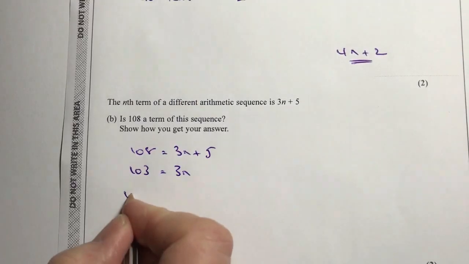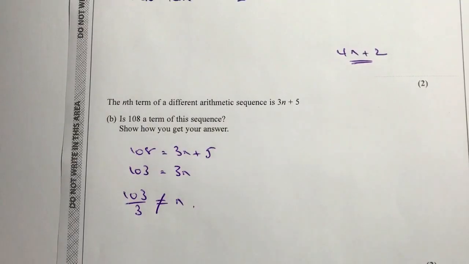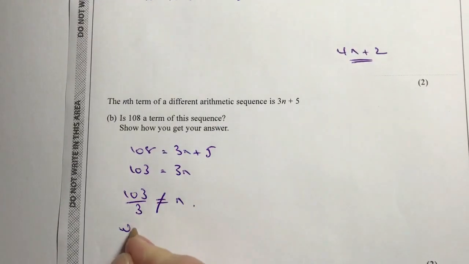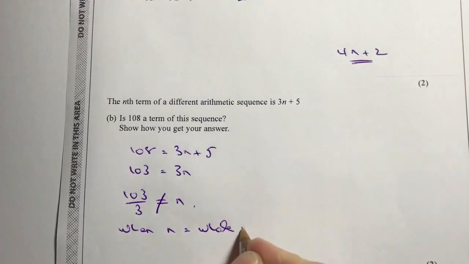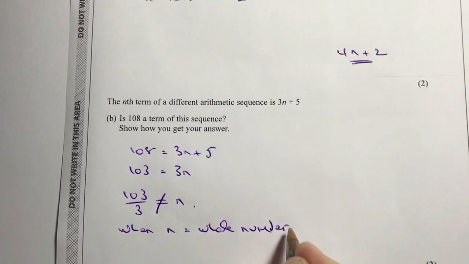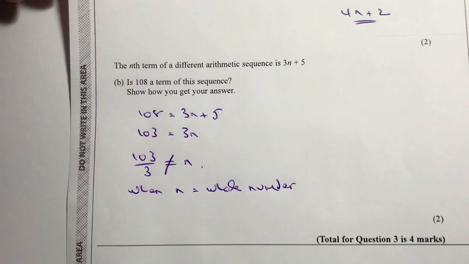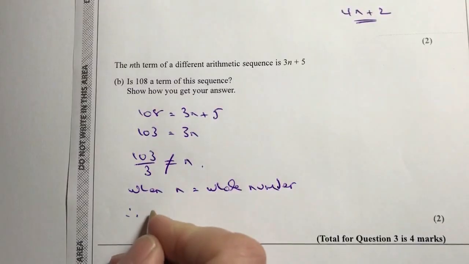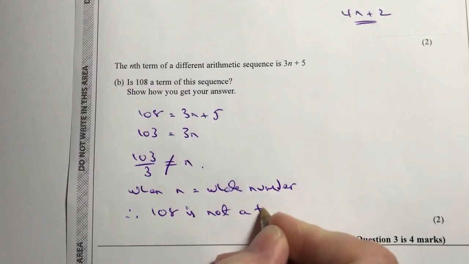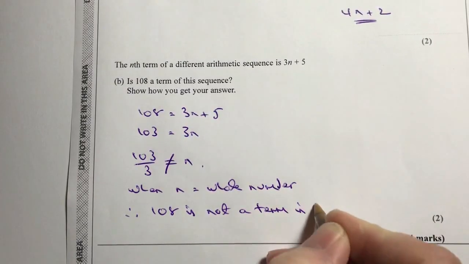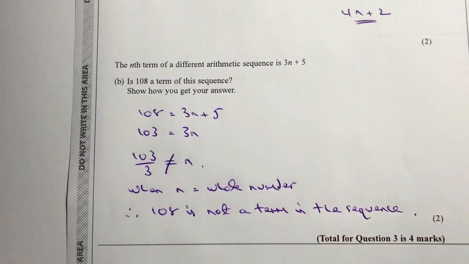So I'm going to say that 103 over 3 is not a value of n when n equals a whole number. Now, if that is the case, then it means that it doesn't appear in the sequence. So you can usually write a sentence, something like that. Therefore, 108 is not a term in the sequence. Okay, and that would answer the question thoroughly, and you would get your full marks for that.